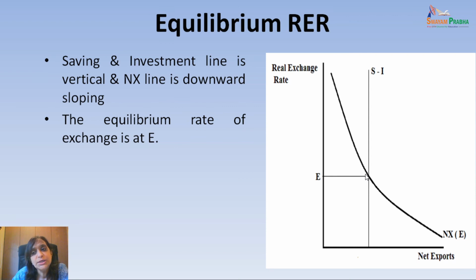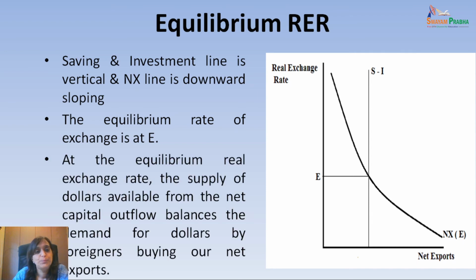Which means at point E, net exports is equal to savings minus investment. If net exports is 0, then the gap between saving and investment is also 0, or in other words, savings become equal to investment. There is no capital outflow, there is no capital inflow.